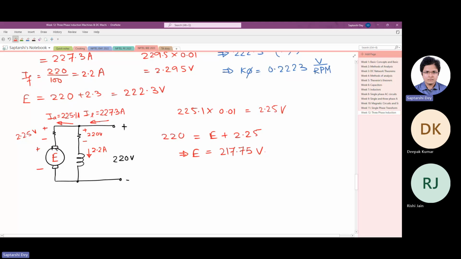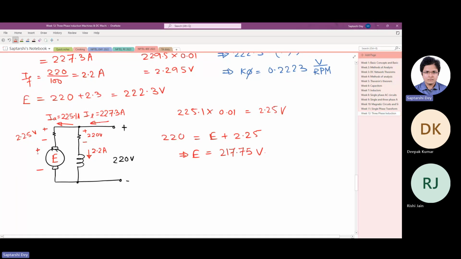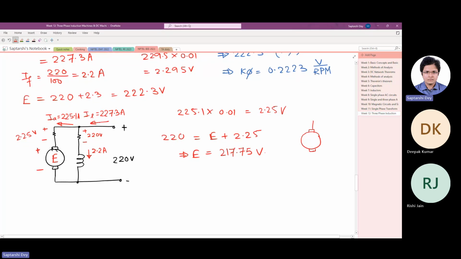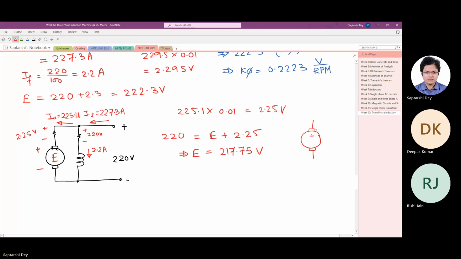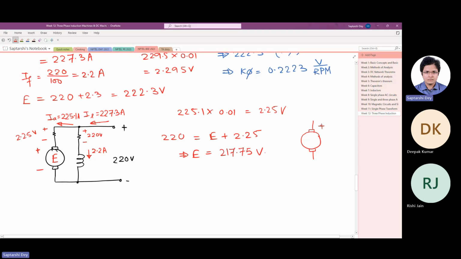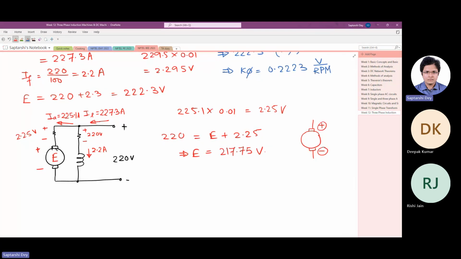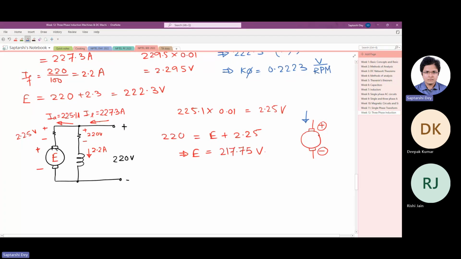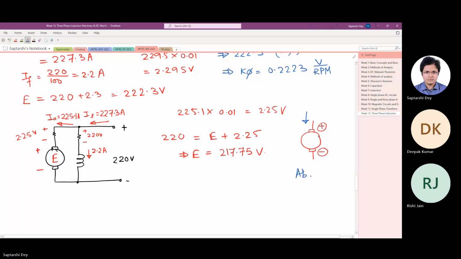So basically you can understand that this is a back EMF like this. If I draw it here once again for you, just take this idea, this is important. This is the back EMF of the armature, and the back EMF has a polarity like this, and a DC current is flowing in this direction. So basically you can call this a DC source which is absorbing energy.